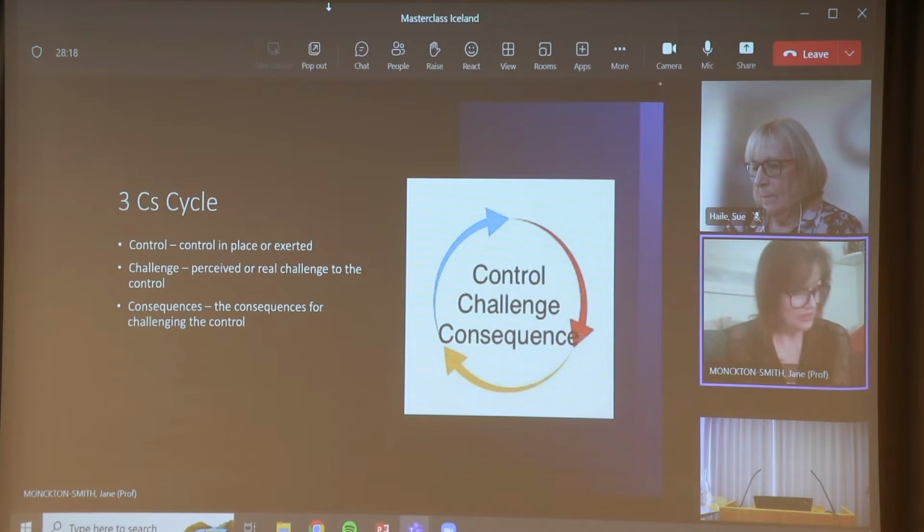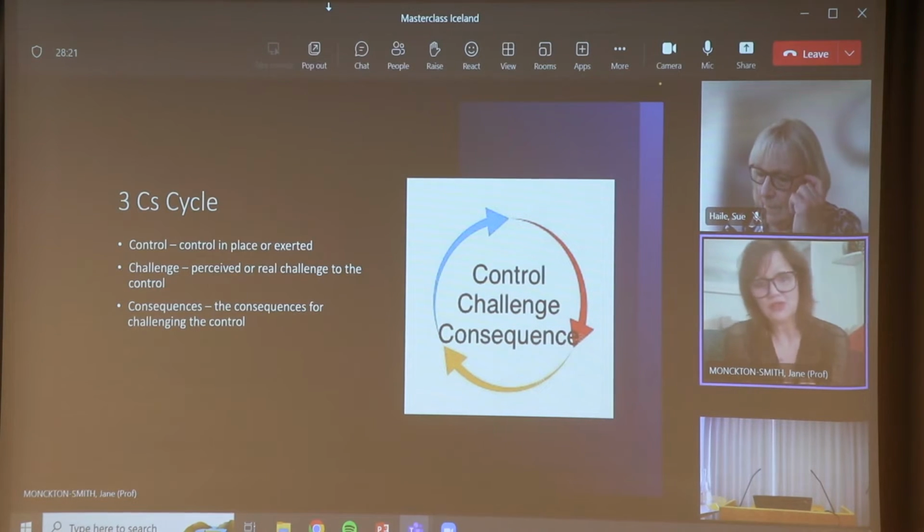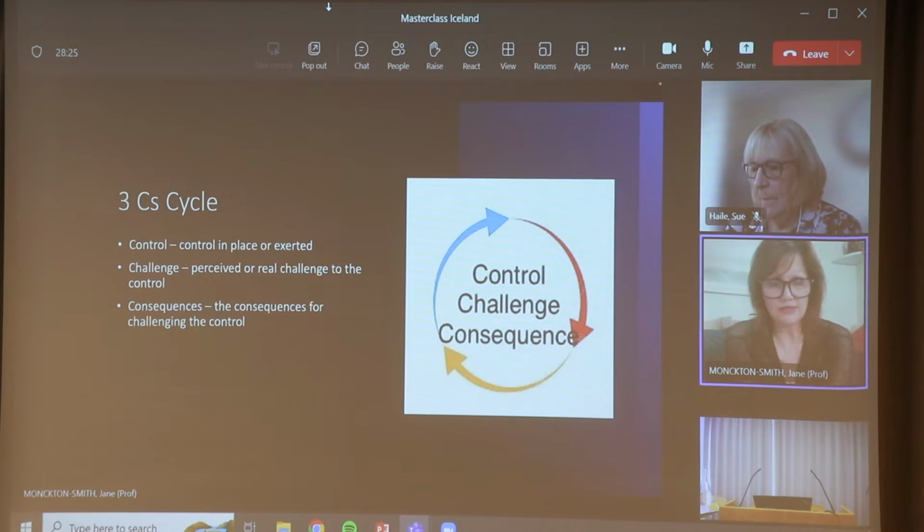The control is in place, and the easiest way to think about it is the rules of the relationship are where the control is obvious. Whatever the rules of the relationship are, if they are challenged or resisted, we get into the challenge part of this cycle. If they are challenged or resisted, then there will be consequences for the victim of that.